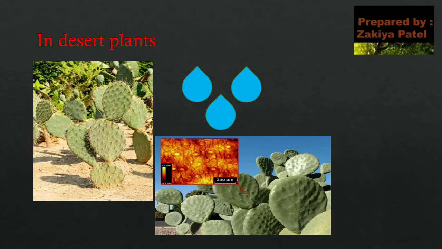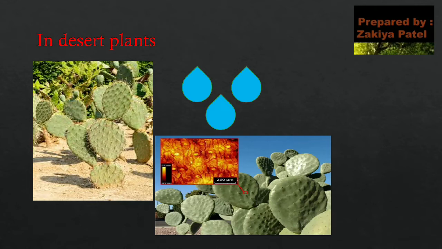They will try that during the process of transpiration, very little water will be removed from their body. So they have a thick epidermal layer around their stem and leaves, which prevents water loss during transpiration.